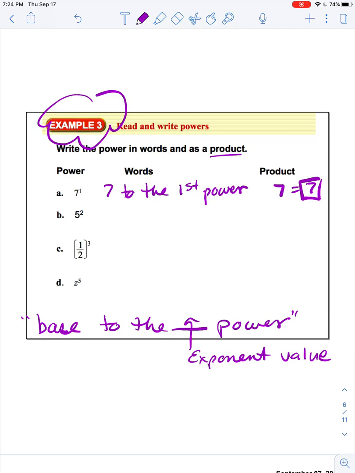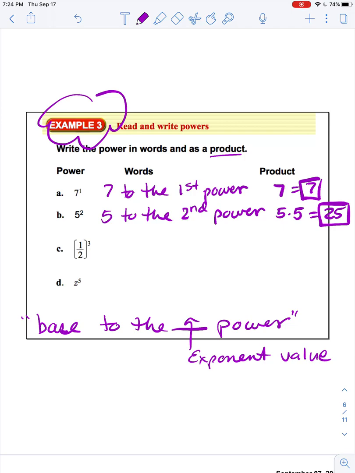This one, I start with the base, so that's 5 to the, and then the value of my exponent, which is a 2. So I say to the second power, and that would be represented as 5 repeated twice, or a value of 25.